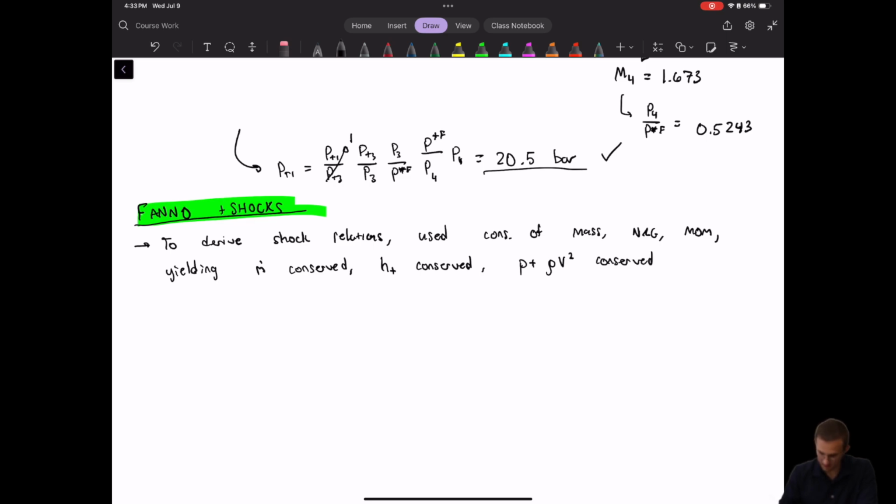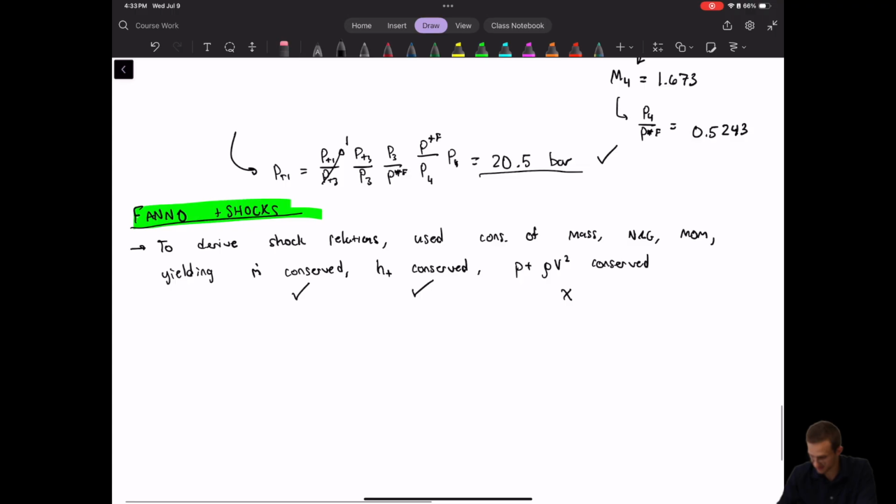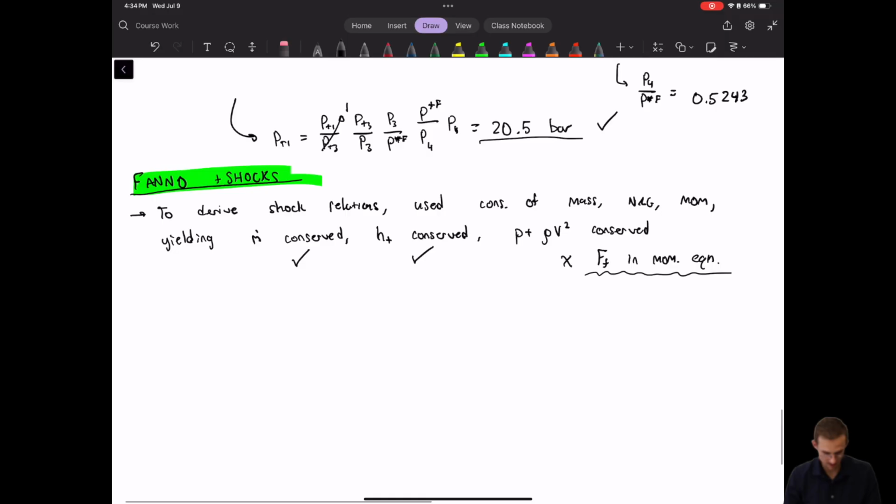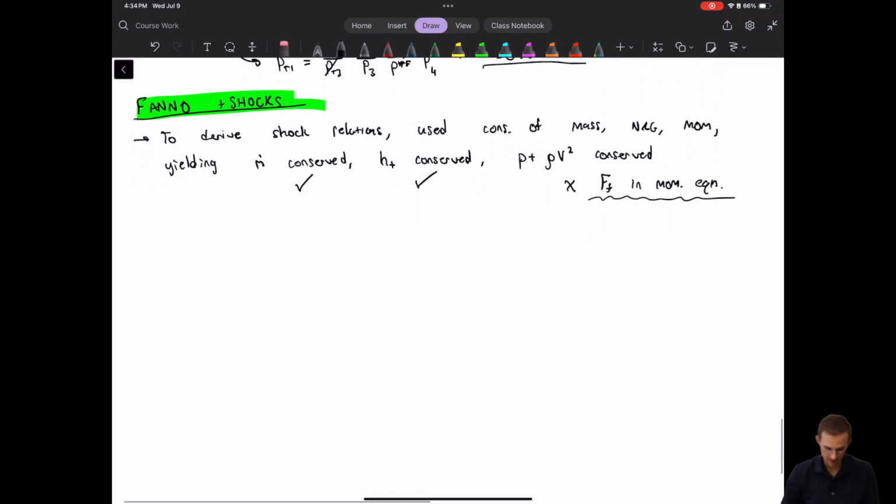Okay, so this is true for shocks, but this is not true for Fanno Flow because we have a friction factor in the momentum equation. So the conserved quantity that we get from the momentum conservation in the shock analysis is not conserved in Fanno Flow, and so for Fanno you get the following behavior, right?